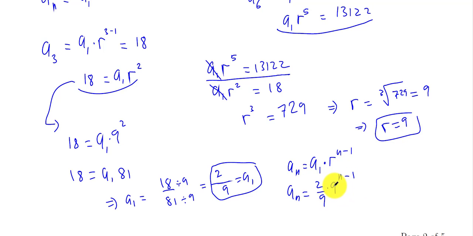Now they have the same base, 9 and 9. 9 here is 9 to the 1st power. I can simplify that one more time. Dividing the two exponents, they have the same base, we subtract the exponent, n minus 1 subtract 1. I have n minus 2. So 2 times 9 to the n minus 2. This is the an formula.